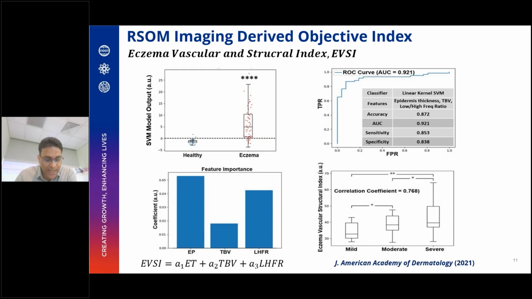Subsequently, we formulated an eczema vascular and structural index based on three metrics: epidermal thickness, TBV, and LHFR. We could follow the severity of eczema very effectively, and when compared with the SCORAD system, we could achieve a very high accuracy as well.